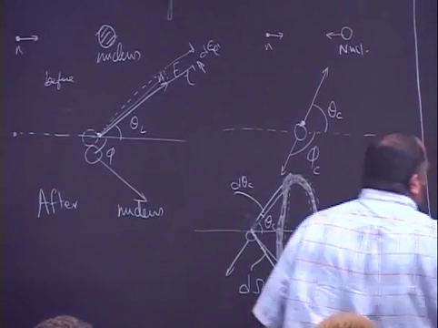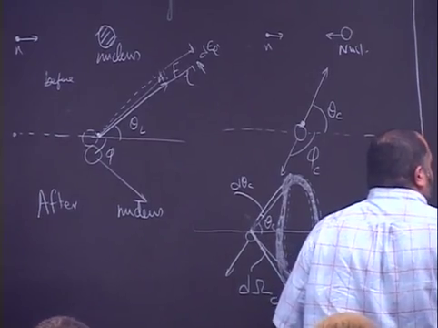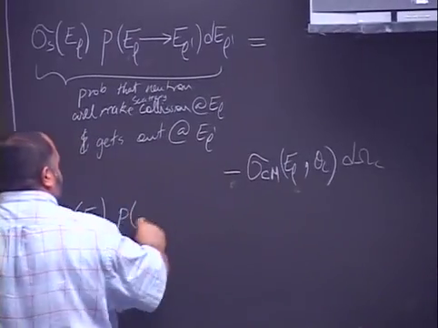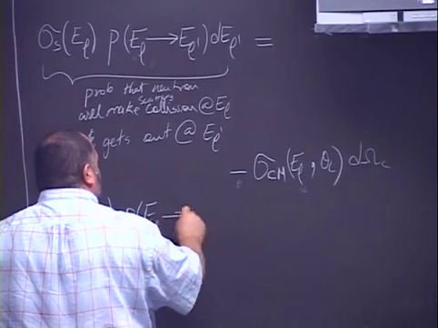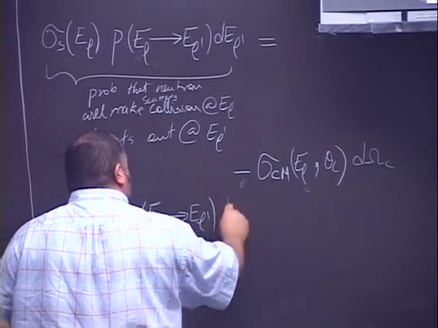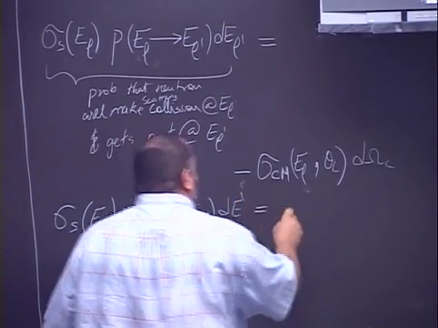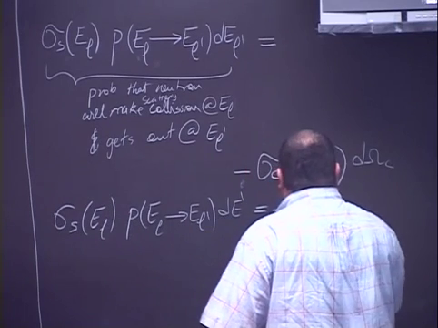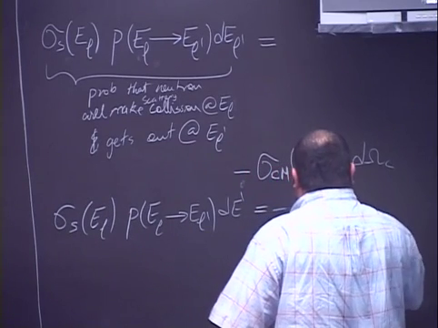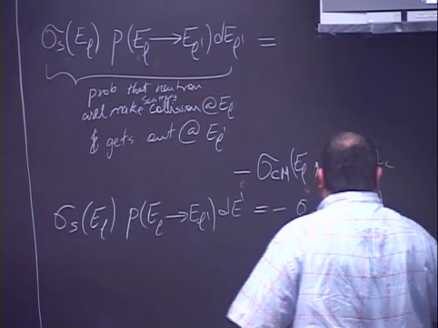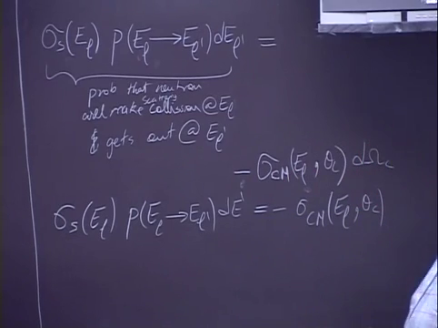So we can again write this as sigma scattering of energy EL multiplied by the probability of energy EL going to EL prime multiplied by dEL prime, equal to negative sigma center of mass for the energy EL and angle theta C times delta omega. What's delta omega? Very easy.